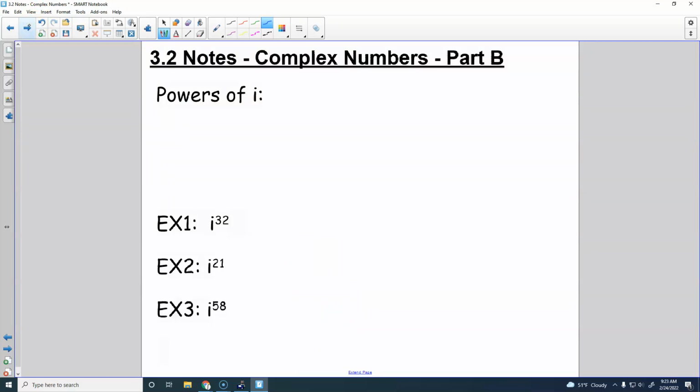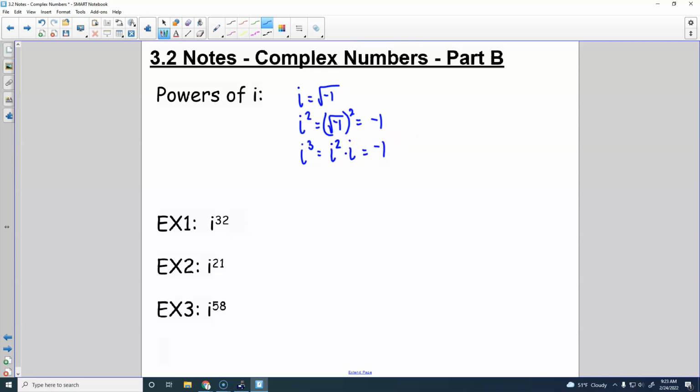All right, so let's talk about powers of i. We just talked about the first one. So i equals the square root of negative 1. i squared is the square root of negative 1 squared, which just gives you negative 1. What are we going to get if we do i to the third power? That would be i squared times i, right? And what is i squared?